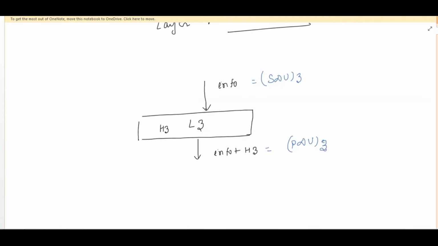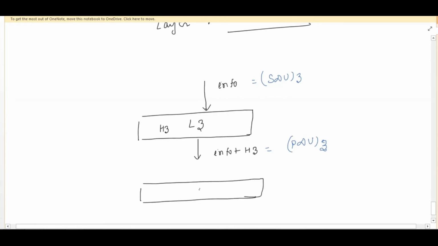Now go to the next level, again come down to another layer, the same layer 2. Now layer 2 is adding the header, say S2. Concentrate here. In layer 2, what are you receiving?